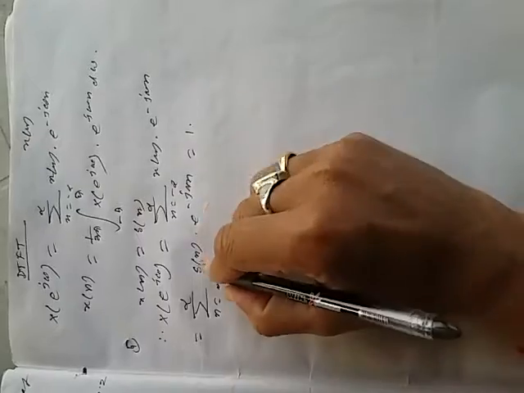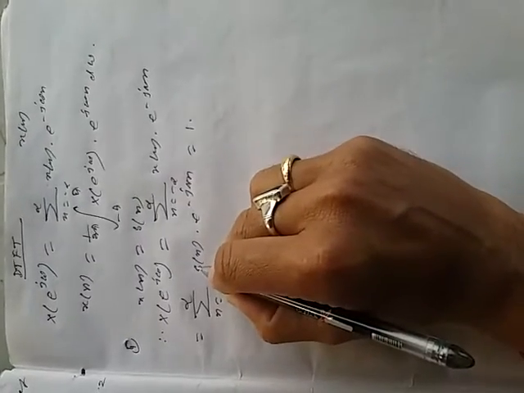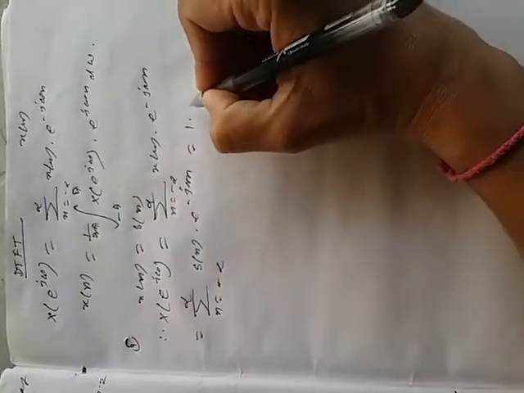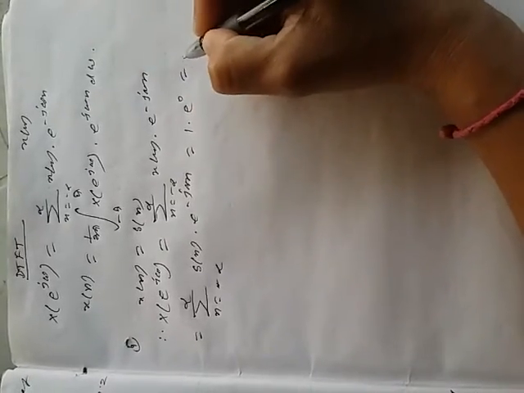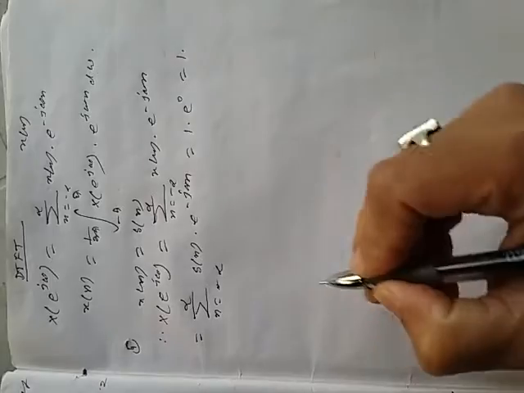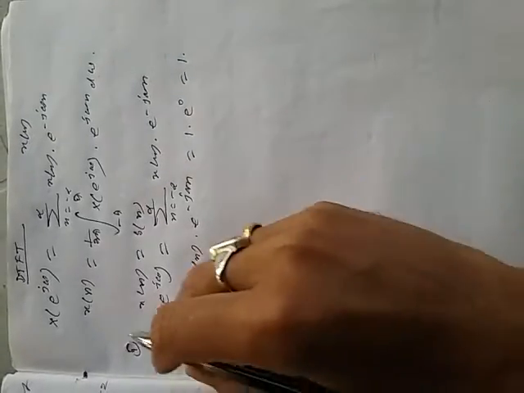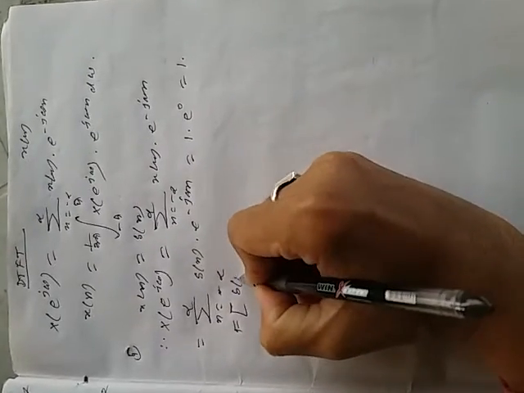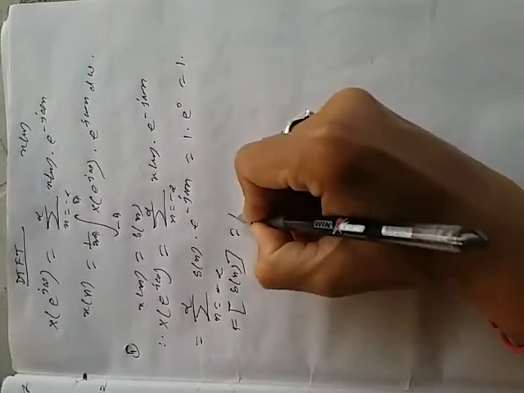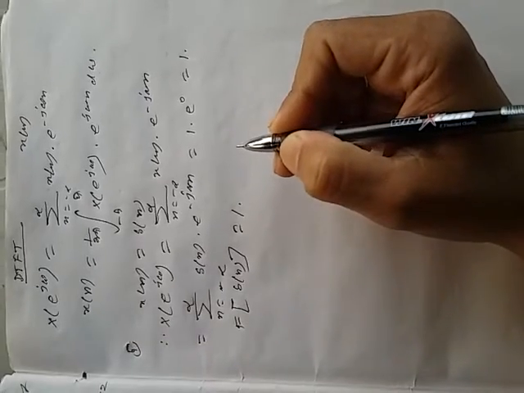When n equal to 0, the value of delta n equal to 1, and the value of e to the power minus j omega n is e to the power 0, so it will be 1. So the Fourier transform of delta n is equal to 1, right?